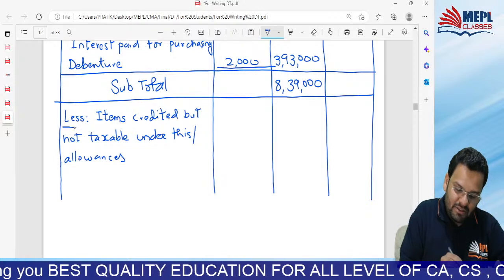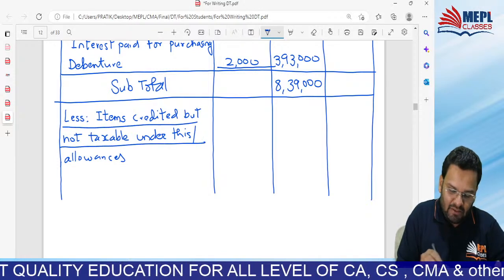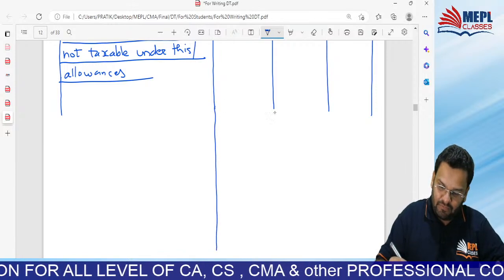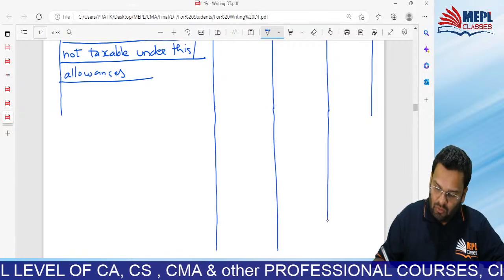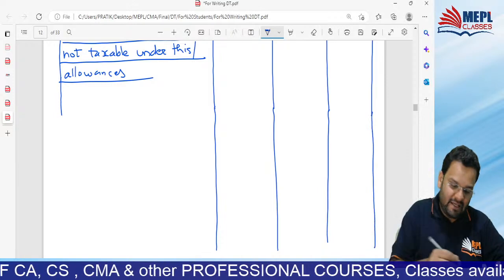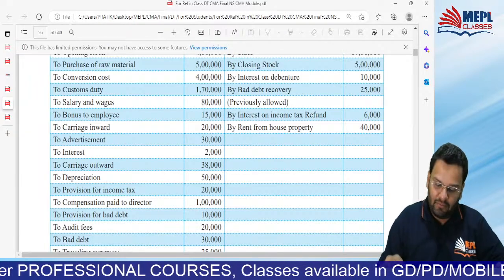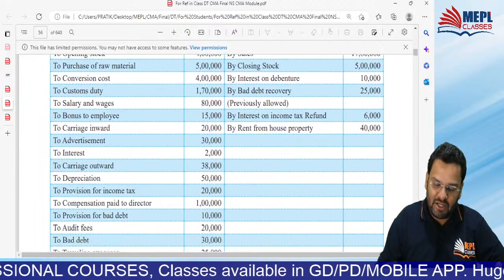Okay, let's go ahead and subtract these items. What all do we have in less items? Yes, go ahead and check. Go to the credit side and check.